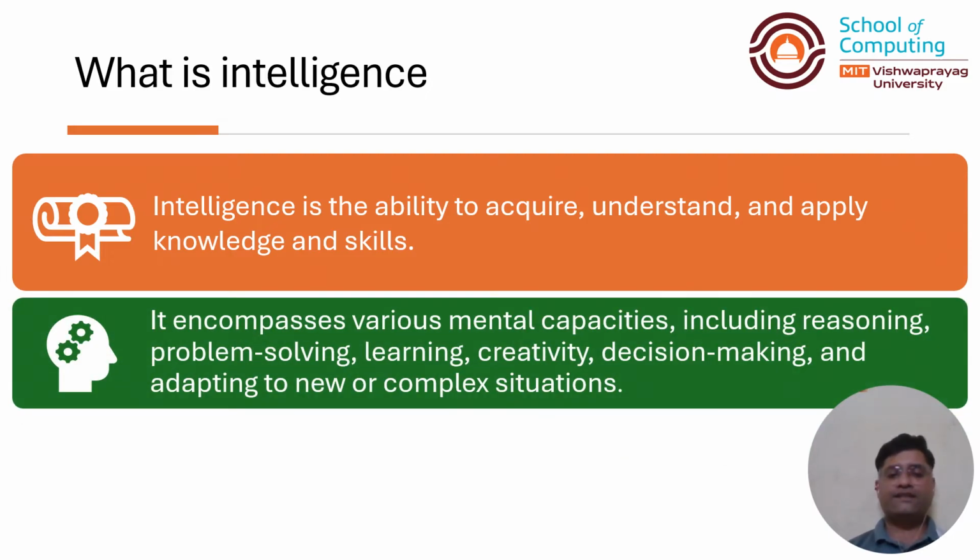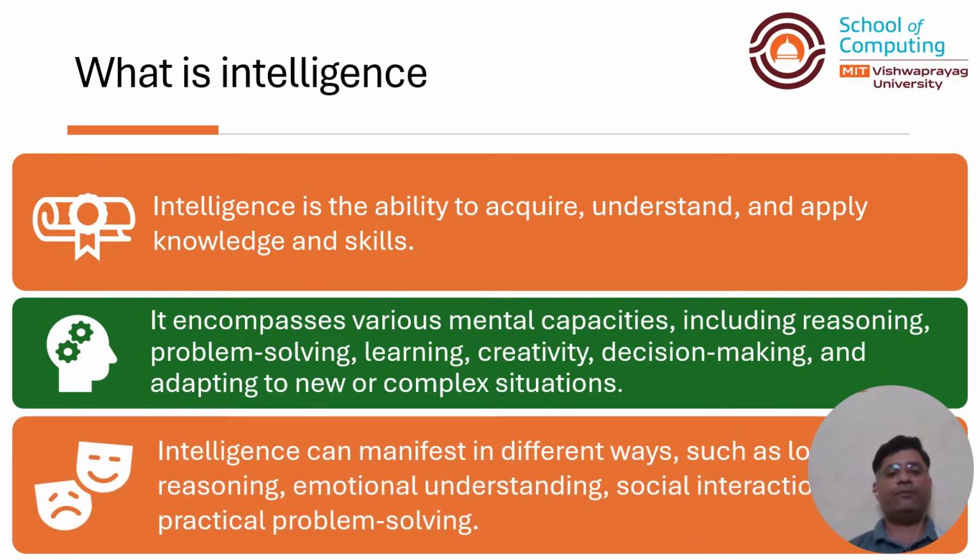It encompasses various mental capacities such as reasoning, problem solving, learning, creativity, decision making and adapting to new or complex situations. You can demonstrate intelligence in various ways such as logical reasoning, emotional understanding, social interaction and practical problem solving.